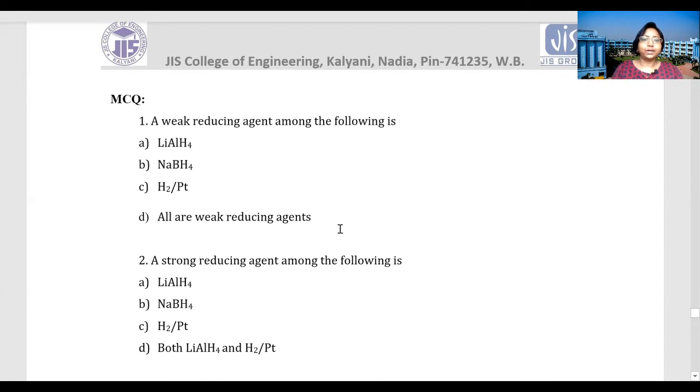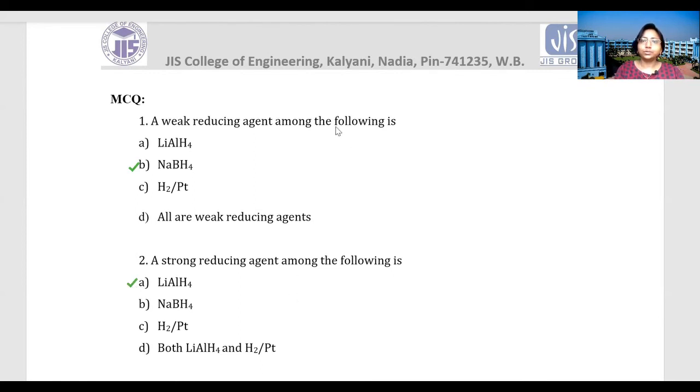Already I have mentioned which one is the weak reducing agent, that is sodium borohydride, option B, NaBH4. A strong reducing agent among the following: similarly, if you know the name of the strong and weak reducing agents, you can answer both. So here the strong reducing agent will be LiAlH4.